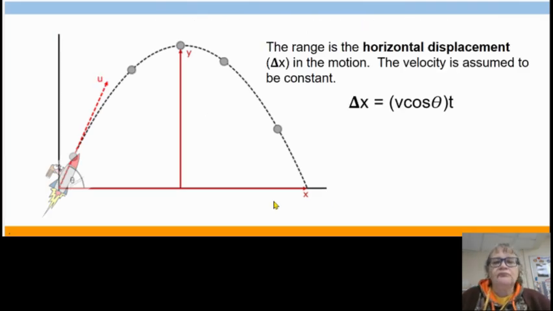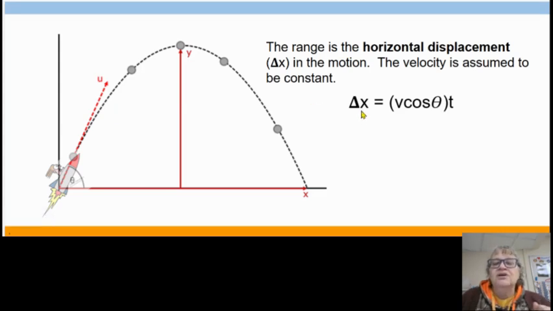Just like in horizontal motion, the range is the horizontal displacement of the motion. We're just going to call that something different. We're going to call it delta x. The velocity is assumed to be constant, which means that it's not accelerating in that x direction.